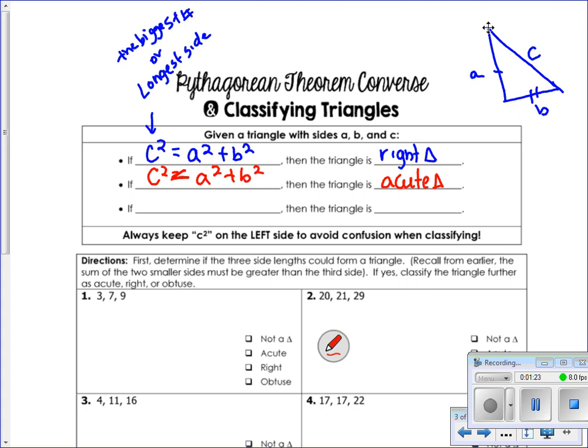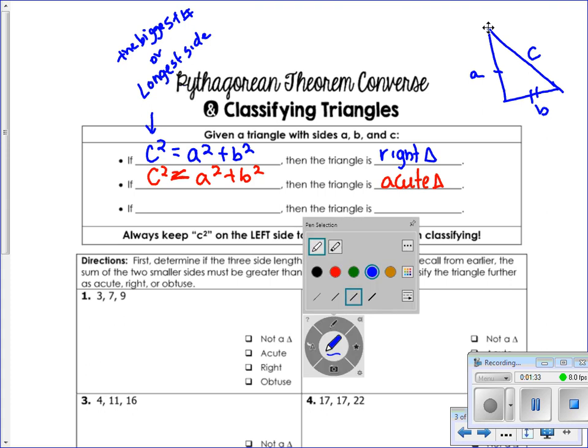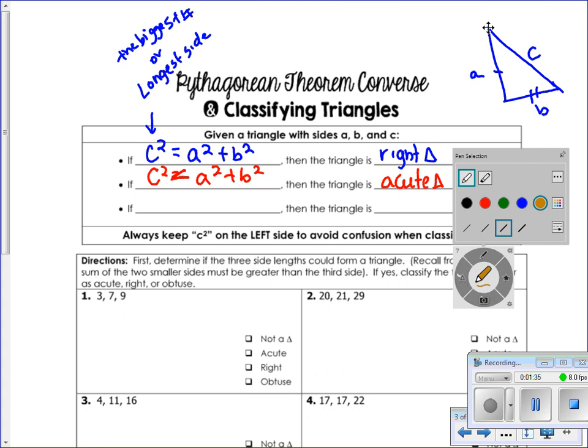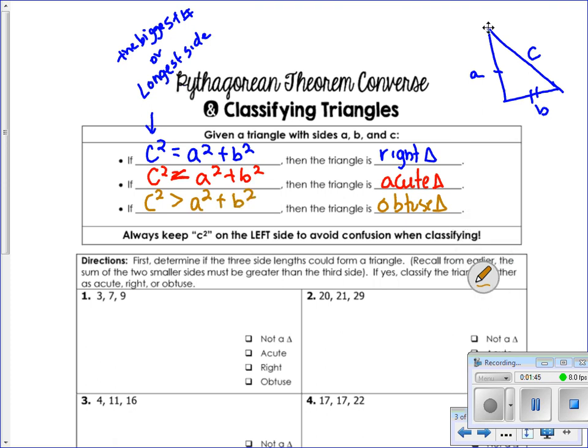They're the two shortest sides, the two smaller numbers in your list of numbers. Now, if it's an obtuse triangle, then C squared is going to be greater than A squared plus B squared.